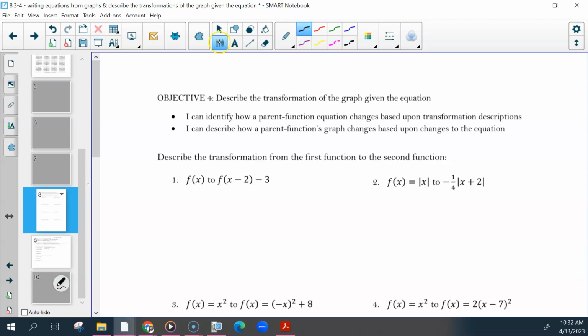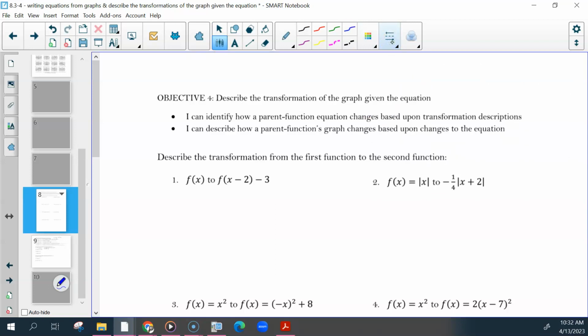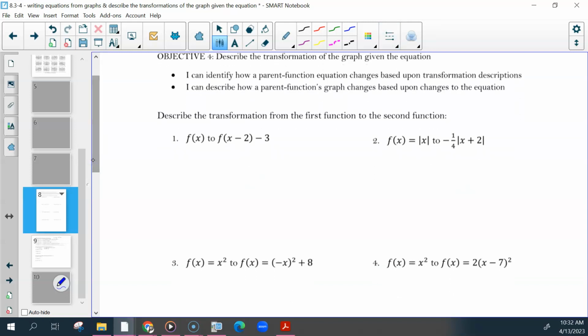It would probably be helpful if you have that one paper that we did before the break that talks about the different types of translations, if you need them as a refresher. In each of these types of problems, you'll see that it starts at an original parent function, and then it changes. In this one, it doesn't have absolute value of x or x squared.